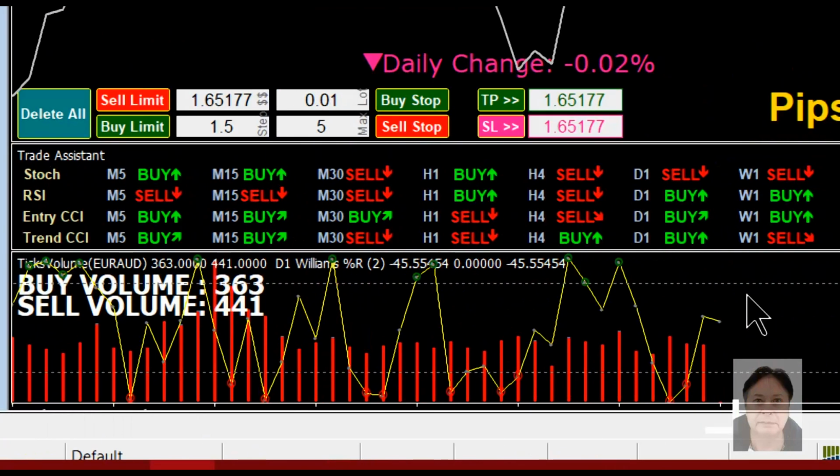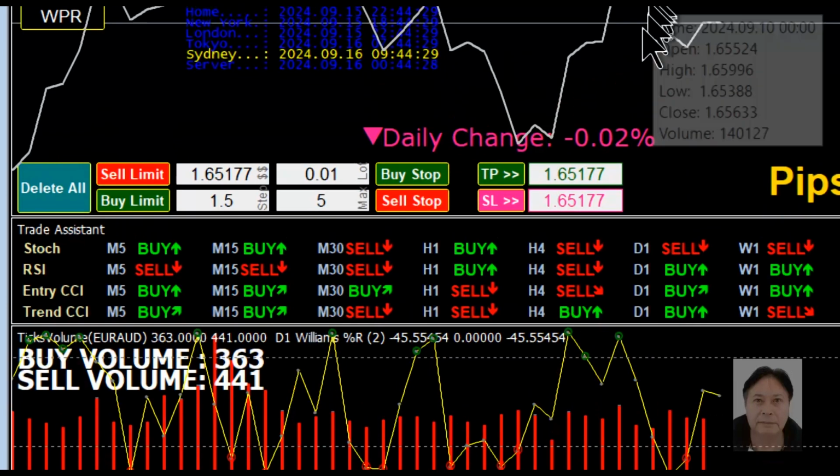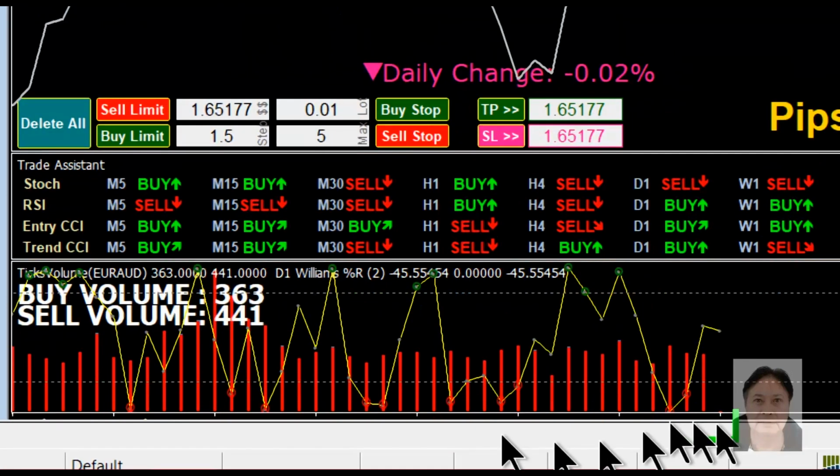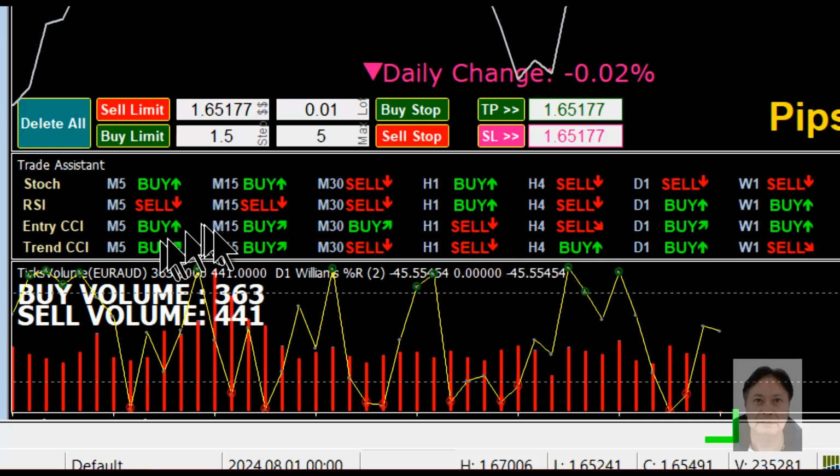Right, okay. So there is slightly conflicting information, it says buy here, buy there, right? So it's quite strong on the M5, M15 time frame. And for me personally, if the M1, M5, this is not showing the M1 actually, I didn't need it, but you can set it for M1 as well if you want.